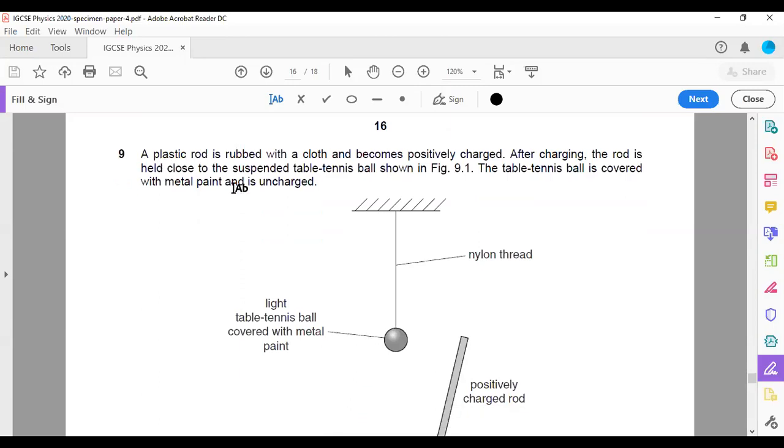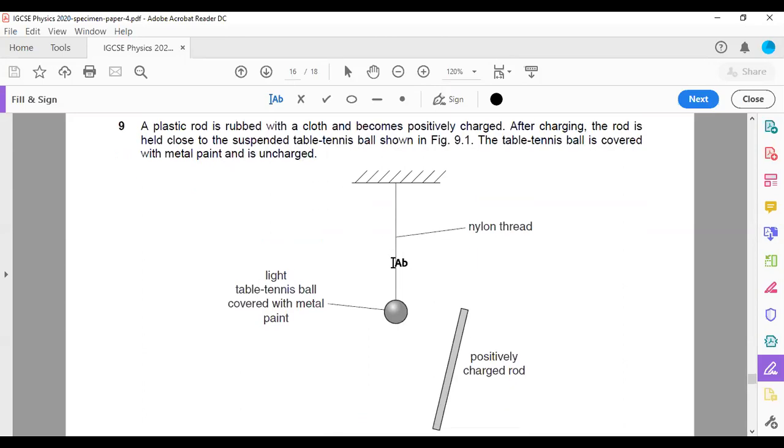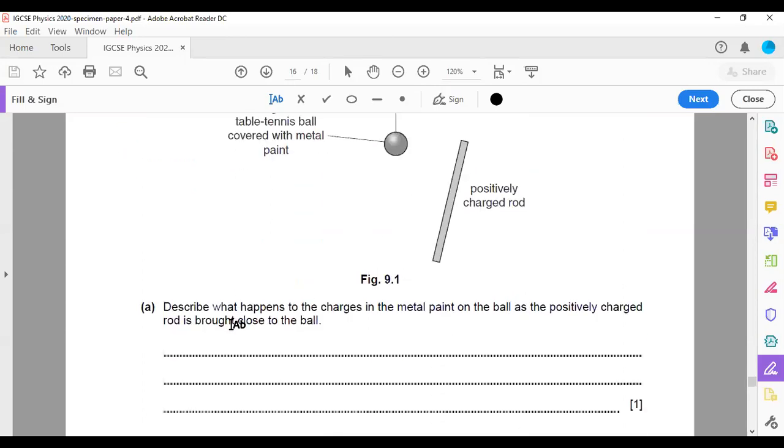A plastic rod is rubbed with a cloth and becomes positively charged. After charging, the rod is held close to the suspended table tennis ball, shown in figure 9.1. The ball is covered with metal paint and is uncharged. They're asking: describe what happens to the charges in the metal paint on the ball as the positively charged rod is brought close to it.